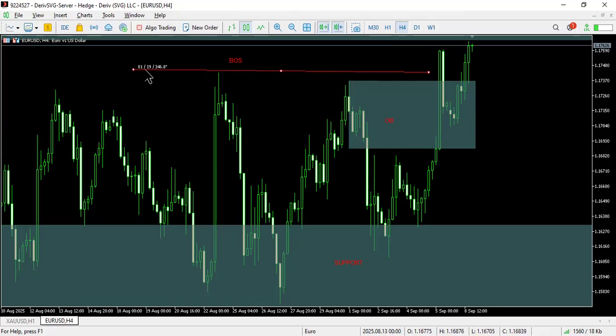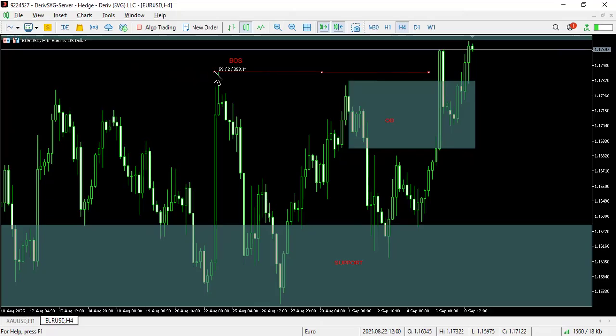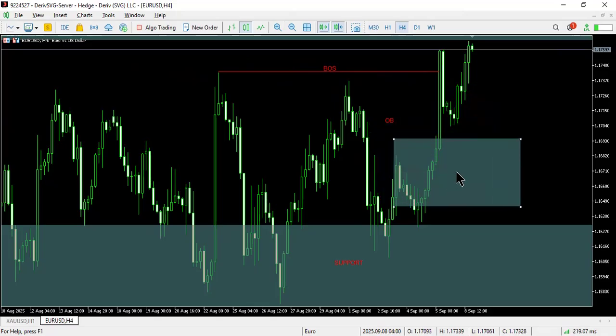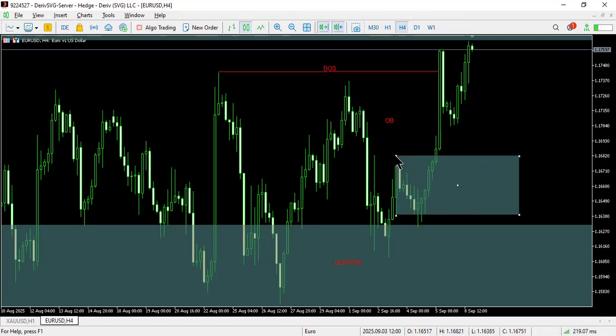From the 4-hour time frame, that is a break of structure. That is a break of structure. And then from the 4 hours, our order block from the 4 hours is that one.